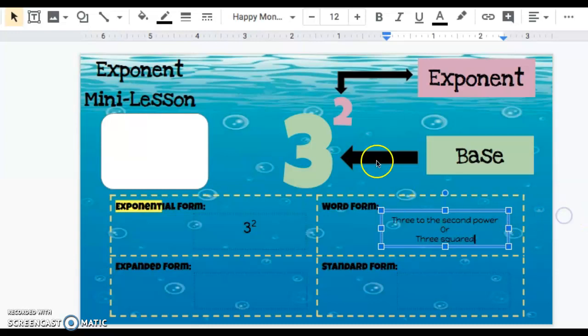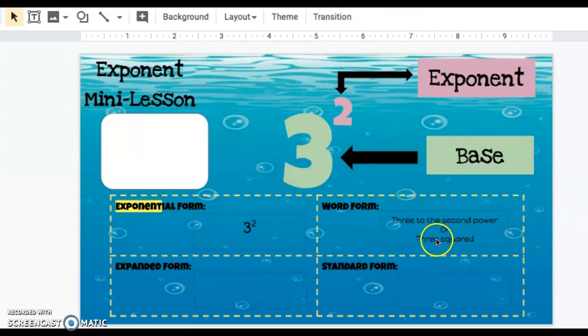Either one of those answers is correct. And that's the word form. You want to make sure when you use word form that you are actually using the word and spelling out your numbers. Expanded form is just taking this 3 squared and making it longer, expanding it out.